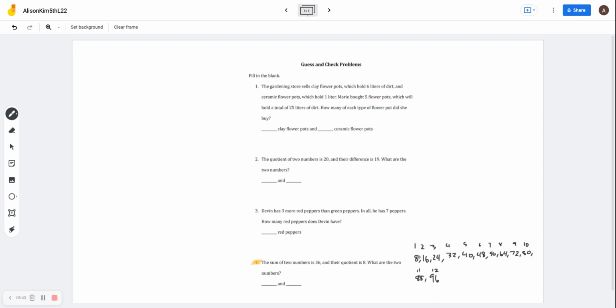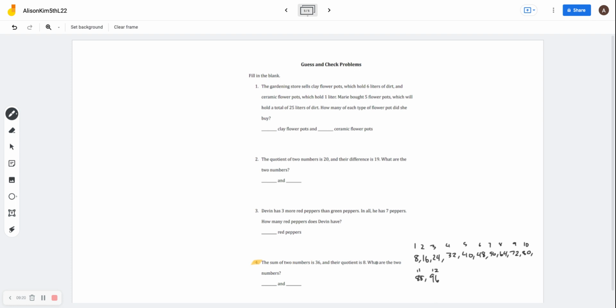So keep in mind that these numbers on top, when they're multiplied by 8, give these numbers on the bottom, right? So we're trying to find out when we divide 8 by 1, we would get 8. So these will fit the criteria for their quotient being 8, right?